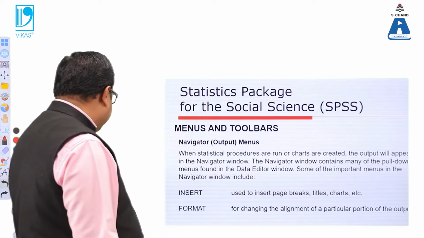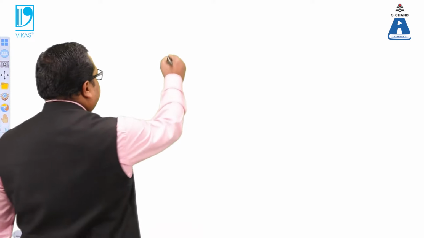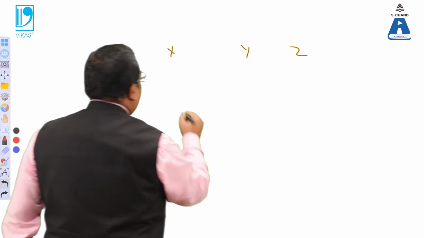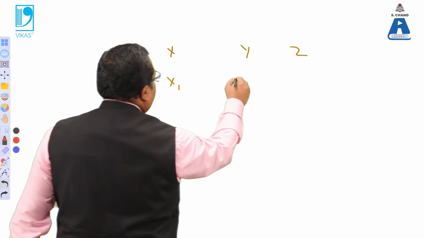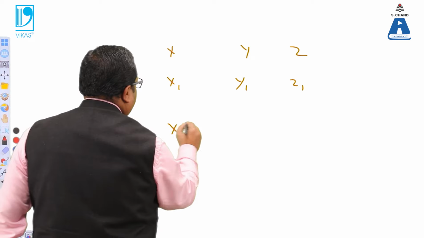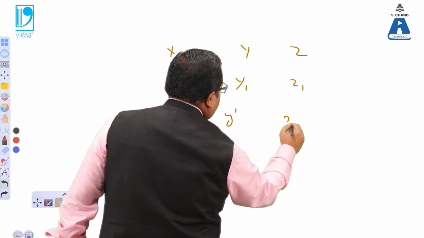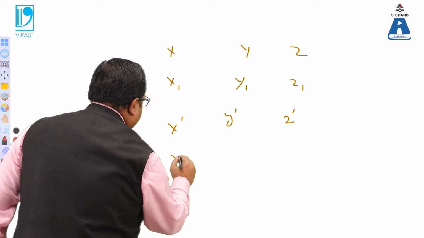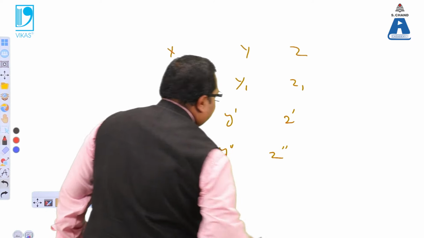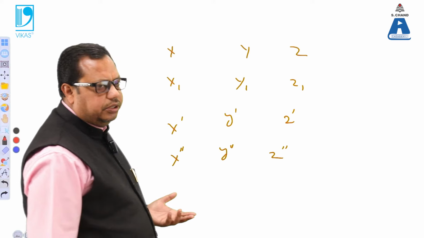Let us take the example that we are using x, y, z. It is not compulsory that I should use x1, y1, z1. I can use x dash, y dash, z dash. I can use x double dash, y double dash, z double dash. So any character value I can use.